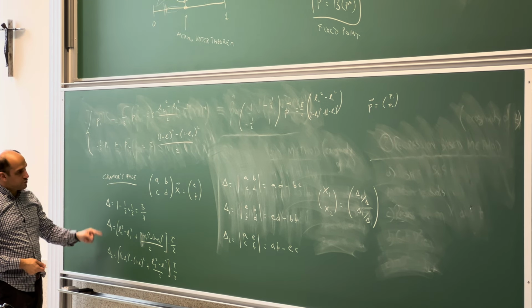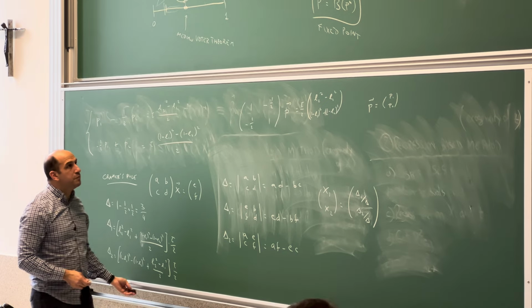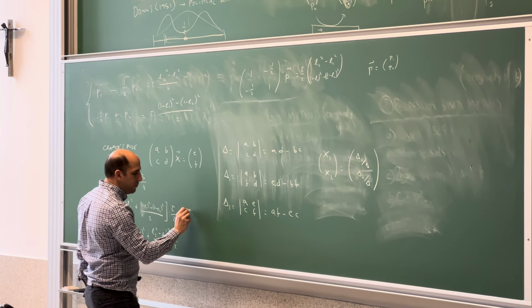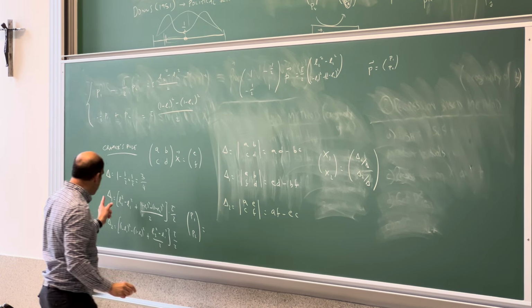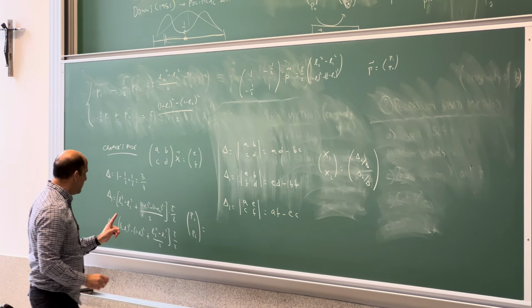But then of course we have to divide to obtain P1 and P2. P1 and P2 are equal to delta 1 over delta, and so on.